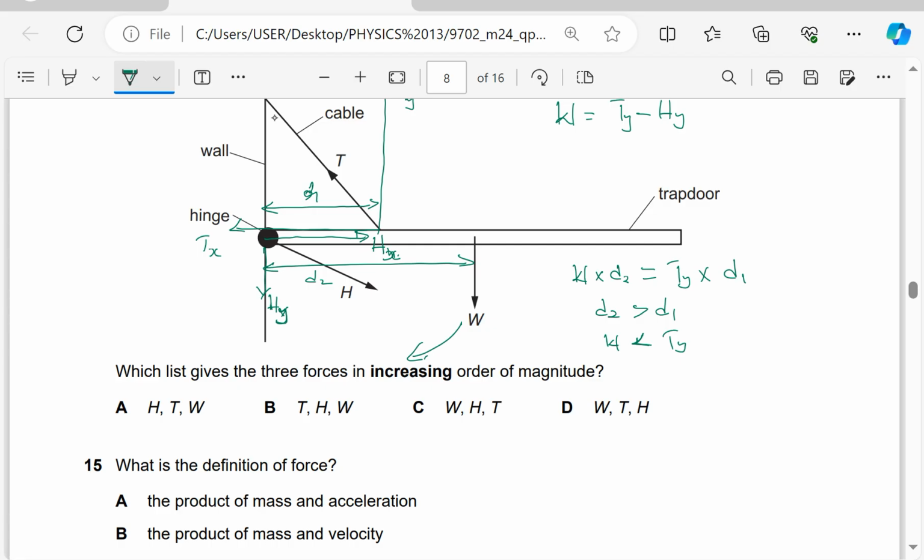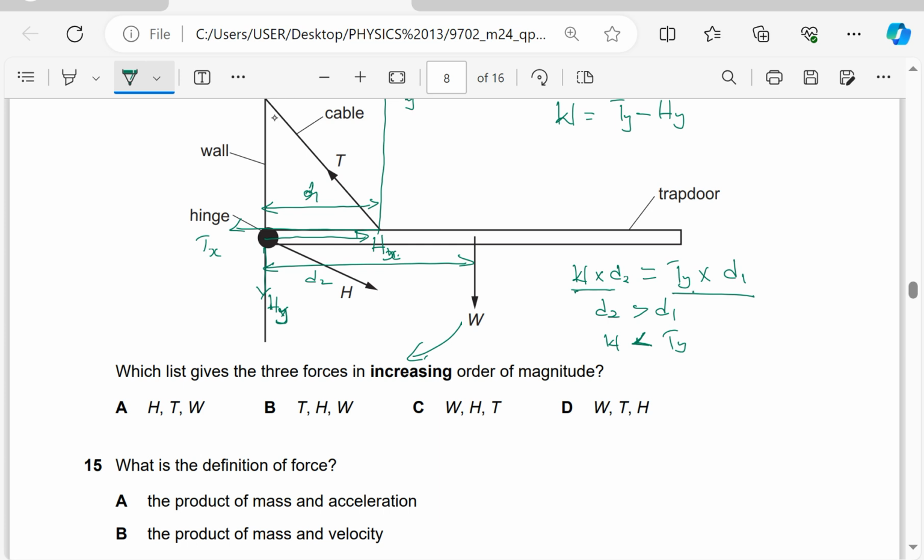Remember, of course, a component of a force is less than the resultant force itself, because we resolve the force into the vertical and the horizontal, which reduces its value. So the weight is less than the vertical component of T, because if distance D2 is greater than D1, the only way the products can be equal is when W is smaller and Ty is bigger.